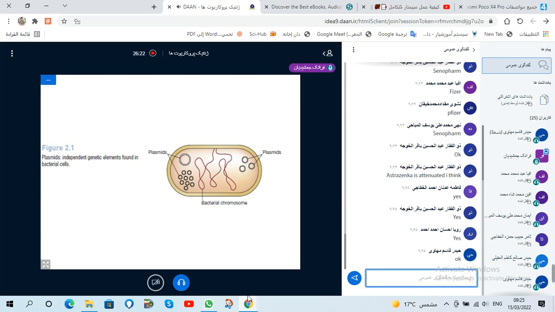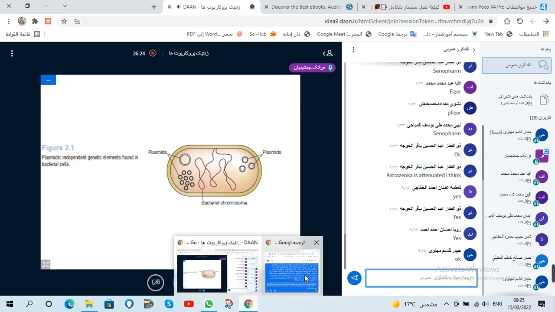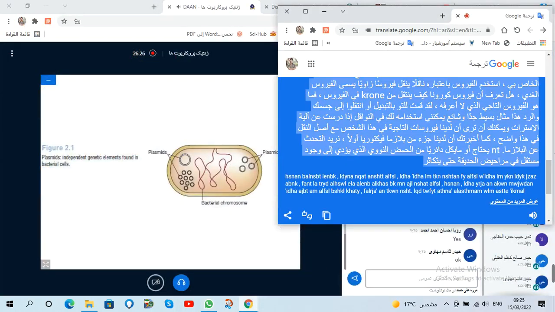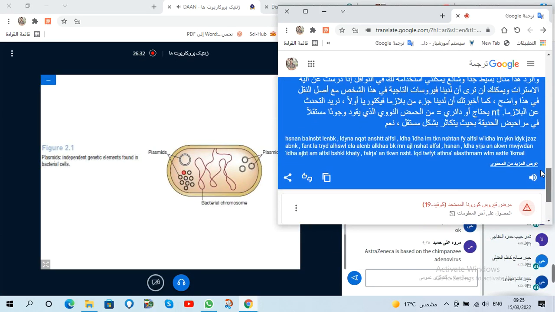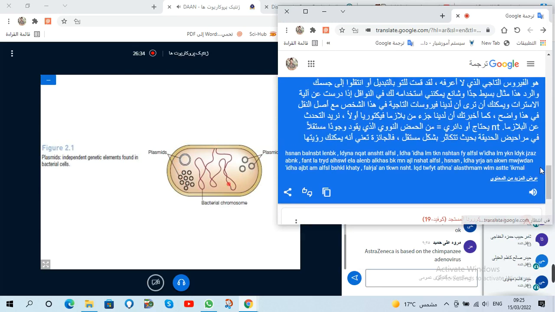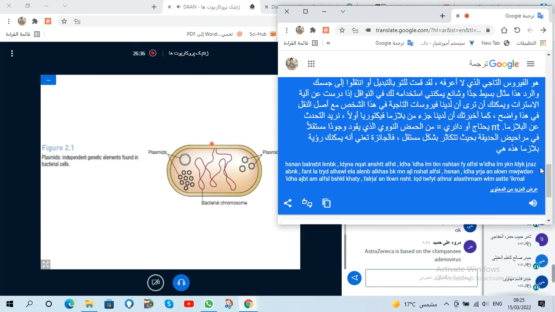So they replicate independently. Here are the plasmids. This is the bacterial chromosome and this is plasmid.